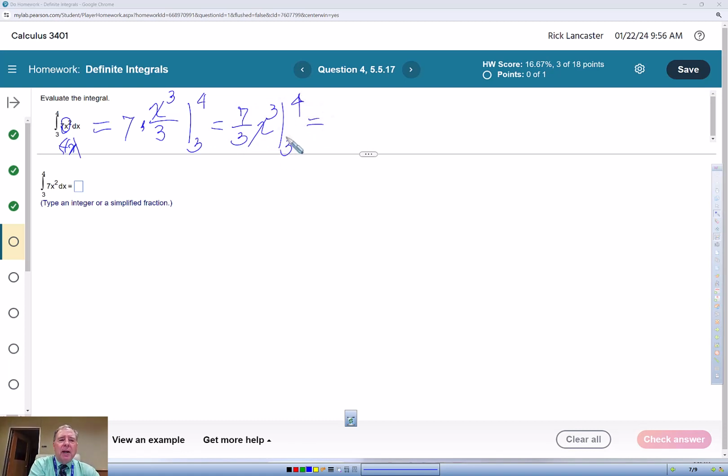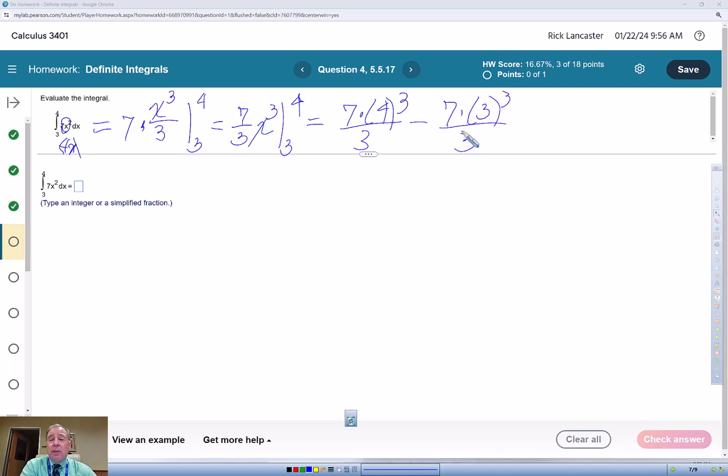So to get the area between this parabola and the x-axis from 3 to 4, we're going to evaluate at the upper limit 4. So 7 times 4 cubed over 3, and subtract the antiderivative evaluated at the lower limit, so that's 7 times 3 cubed over 3.